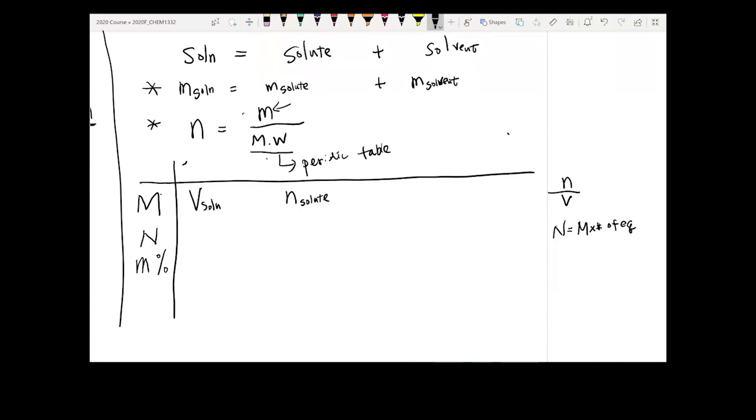For the mass percent, we need to know the mass of your solution and the mass of your solute. When you calculate, it is just the mass of your solute divided by the mass of your solution times 100%.